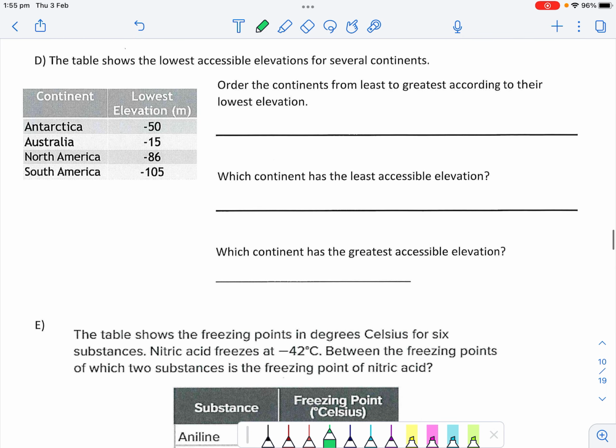Part D says the table shows the lowest accessible elevations for several continents. Order the continents from least to greatest according to their lowest elevation. So my lowest elevation is going to be South America, then North America, then Antarctica, then Australia.